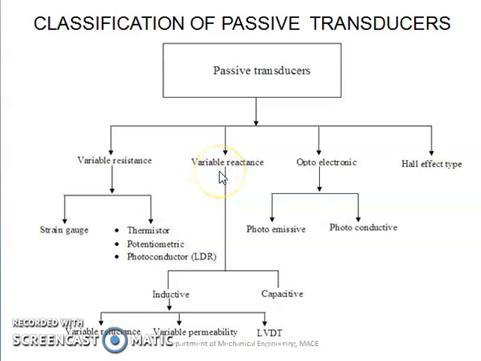And variable reactance type passive transducers can be classified into inductive type and capacitive type. And the inductive type can be classified into variable resistance, variable permeability, LVDT. Now the optoelectronic category of passive transducer can be classified into photoemissive, and another category is photoconductive type. So these are the various classifications of passive transducers.